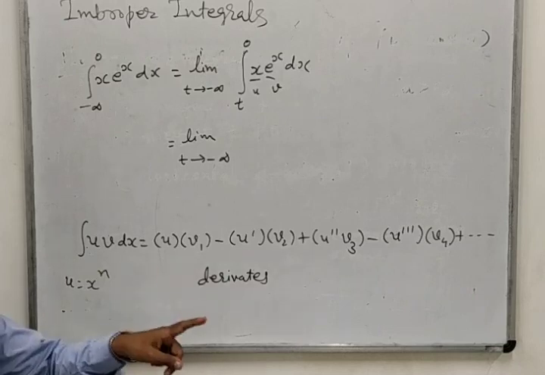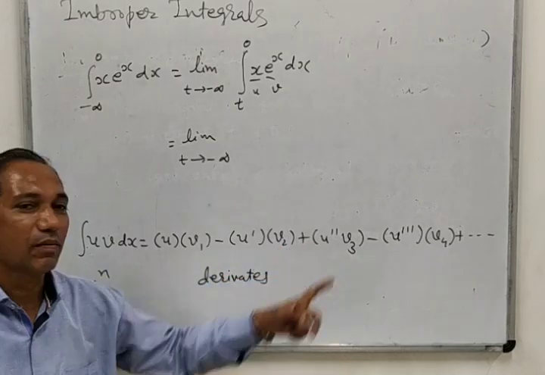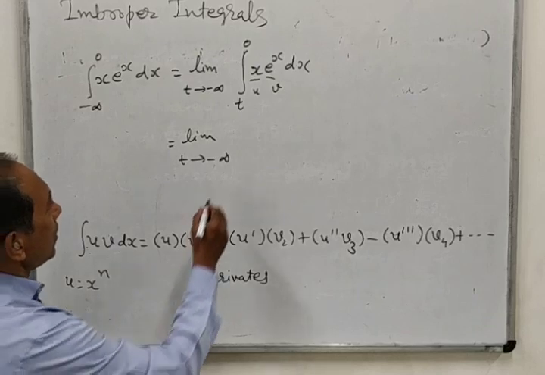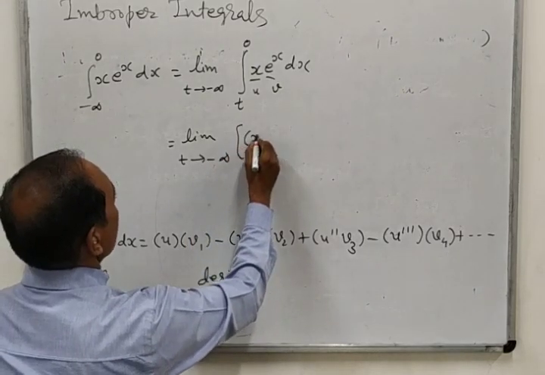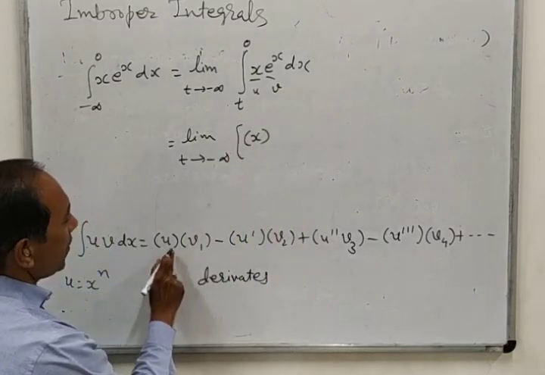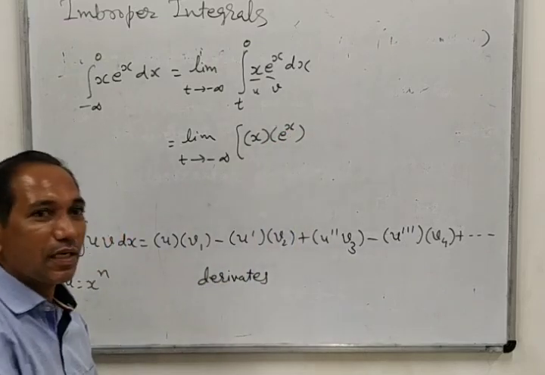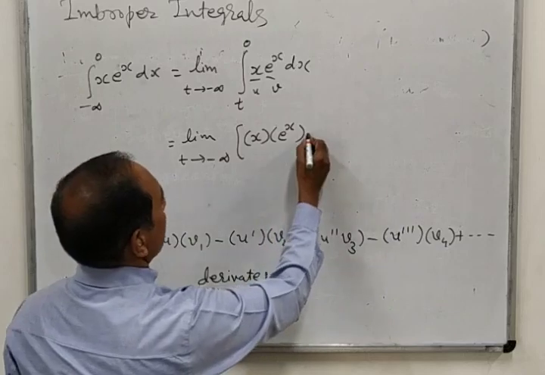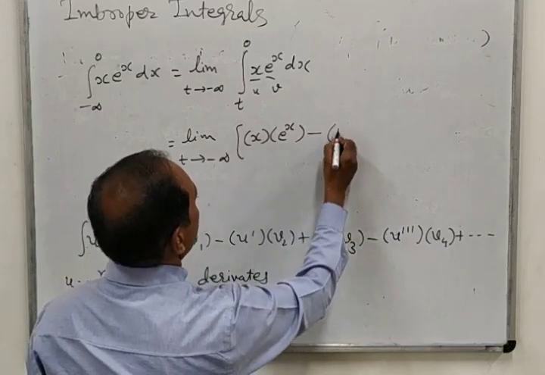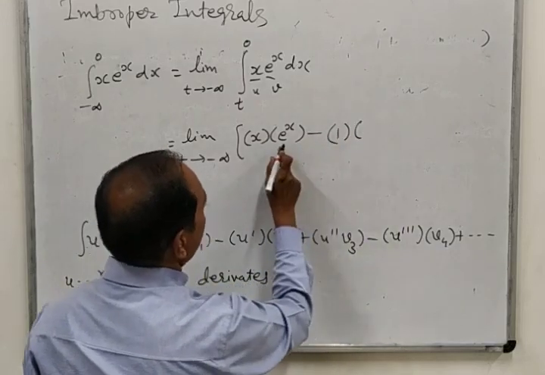So dashes mean derivatives and the subscripts 1, 2, 3 mean integration. In the integration, first we keep u as it is, and v1 means the integration of e raised to x, which is itself. Minus the derivative of x, it is 1, and integration again.